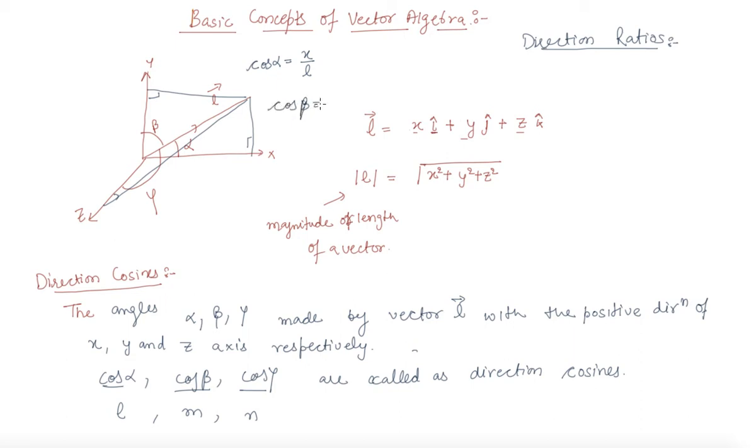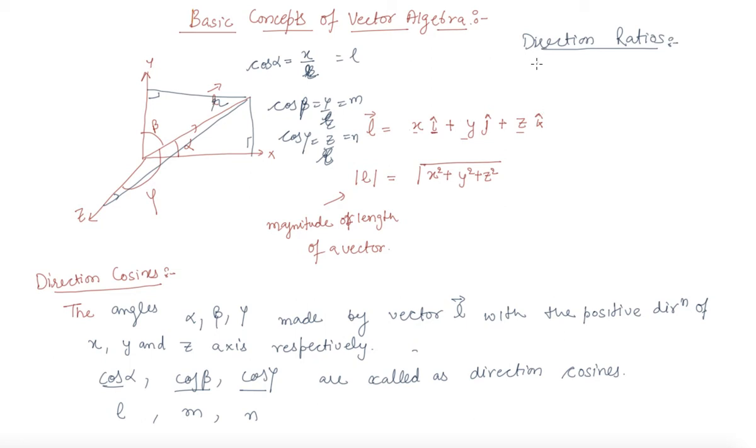Cos beta will be y by L, and cos gamma will be z by L. Okay, and these are called l, m, and n. Let me give it a new name, R, radius vector, so as not to confuse it with this L, and the direction cosines are these terms.